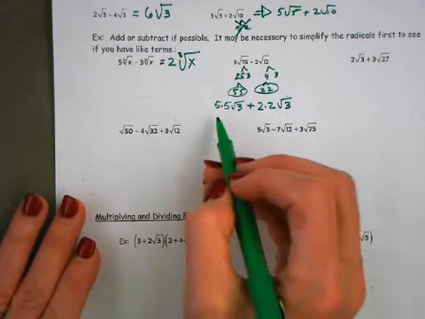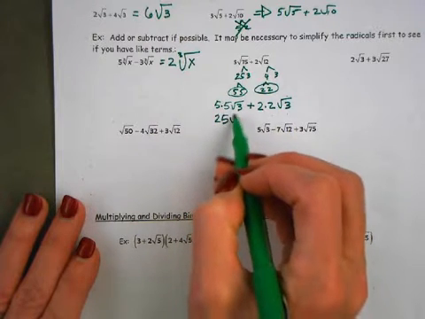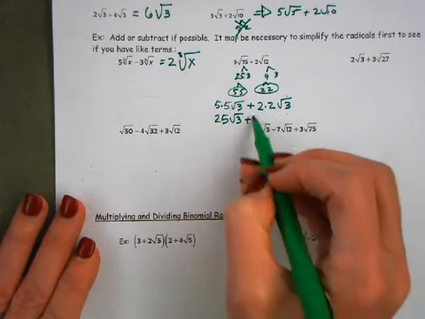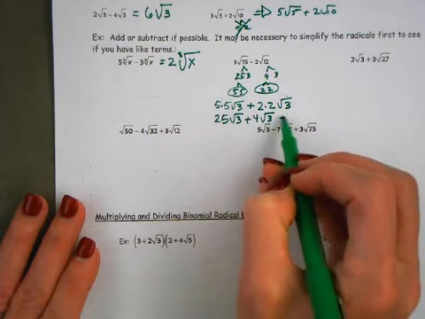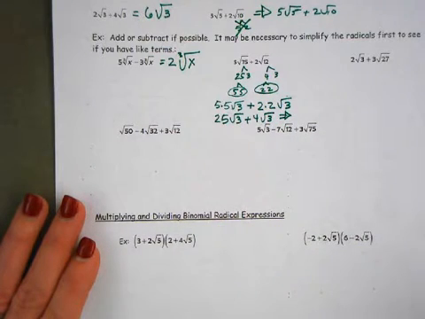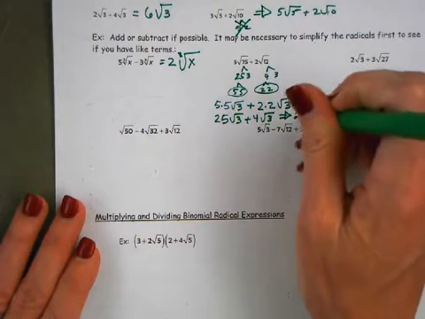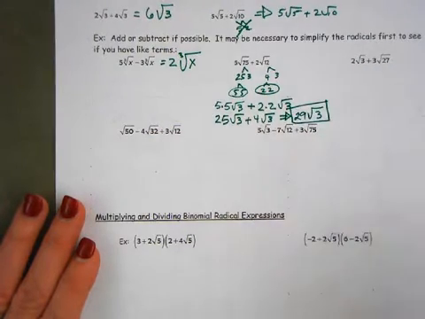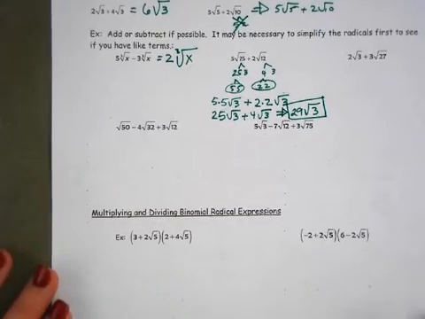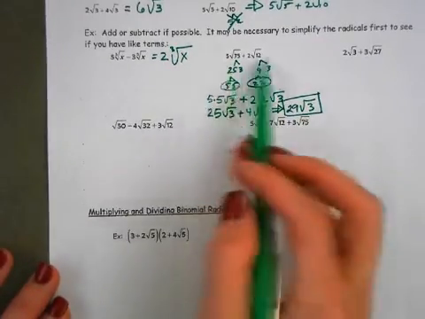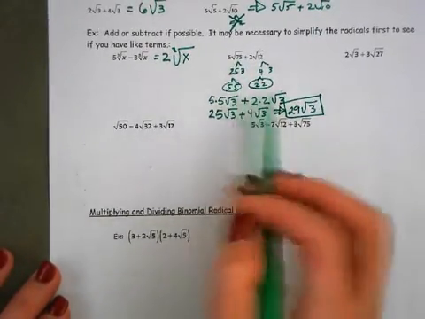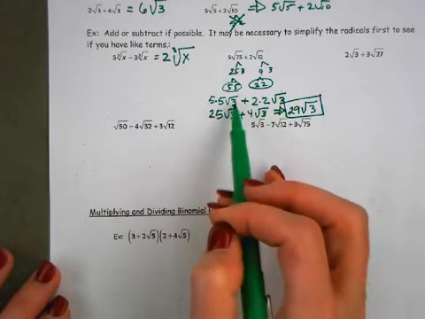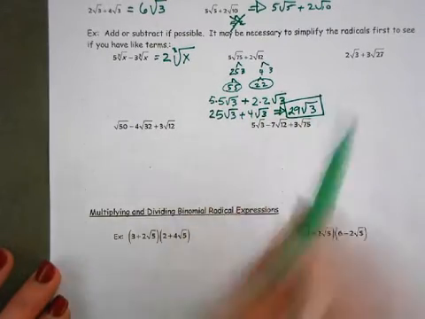Okay, so this becomes 25 square roots of 3 plus 4 square roots of 3. So what does that equal? 29 square roots of 3. Okay. So it may not appear that you can add them, but then once you simplify them down, you see that their index and radicand are the same, so now you can actually put them together.